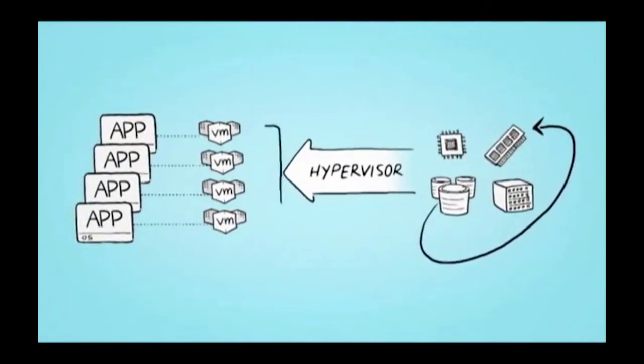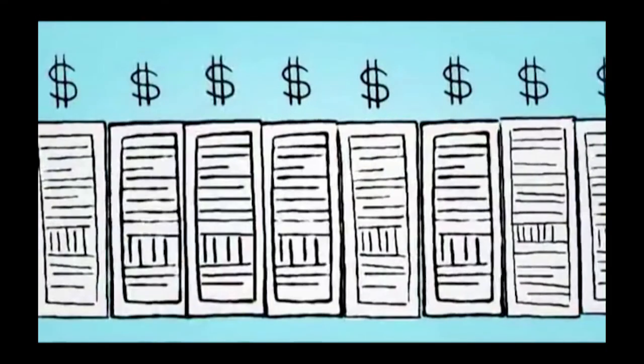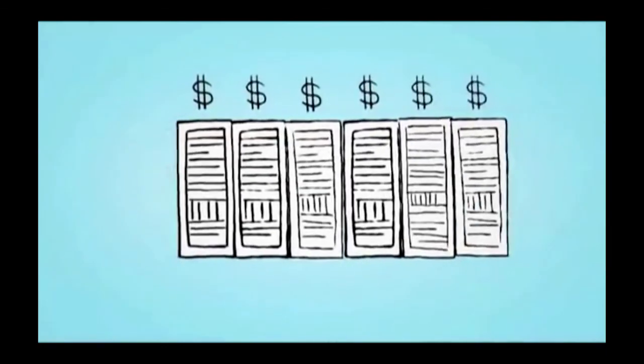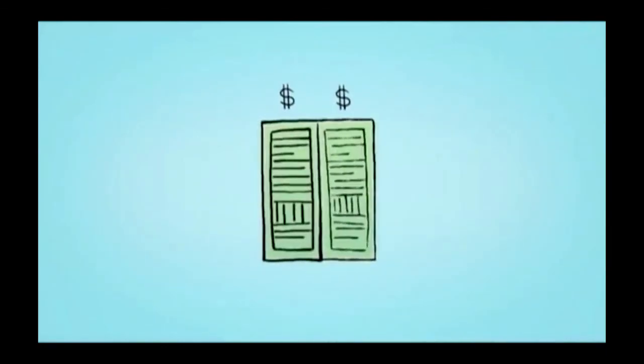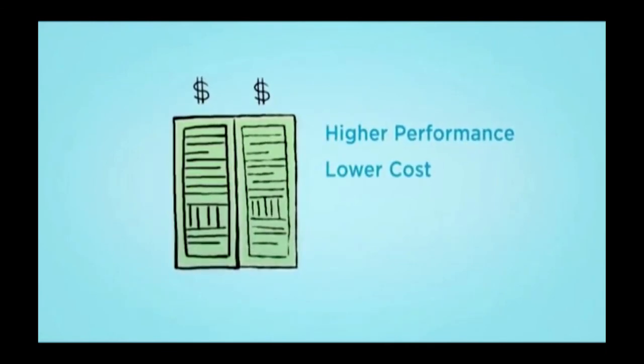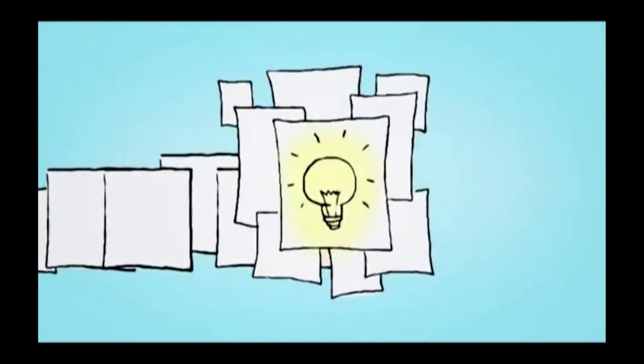Every application gets what it needs for peak performance. With all your servers running at full capacity, you don't need nearly as many. Hardware count and overhead drop dramatically, while application performance improves by leaps and bounds. Bottom line, greater value at lower cost, with less complexity and faster maintenance. Now you can spend more time on innovations to meet real business needs.